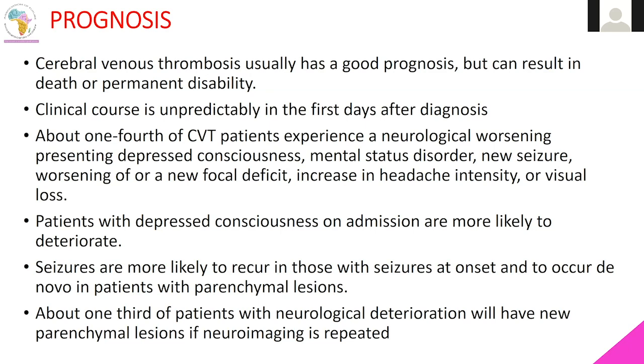Patients with depressed consciousness on admission are more likely to deteriorate. Seizures are more likely to recur in those with seizures at onset and to occur de novo in patients with parenchymal lesions. About a third of patients with neurological deterioration will have new parenchymal lesions if neuroimaging is repeated.